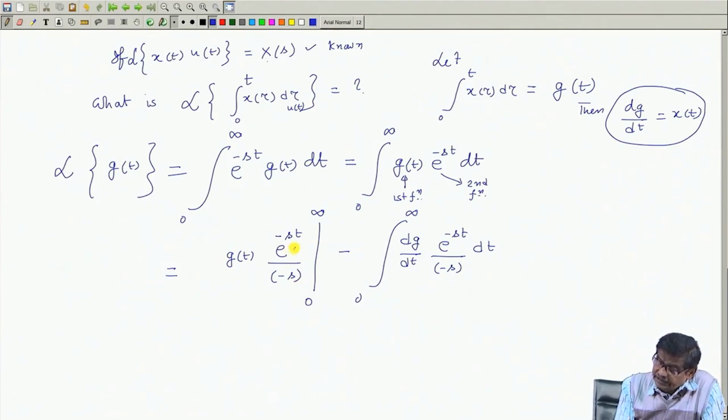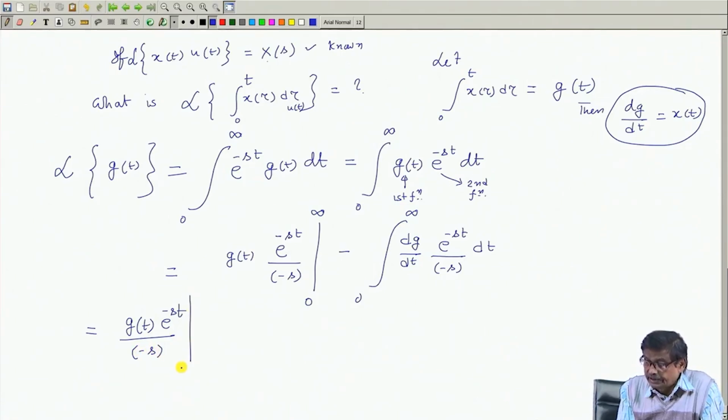Now this is once again g(t) into e to the power minus st by minus s. This I have to evaluate at t equal to infinity, and the result I know will be 0. Why? g(t) is a reasonably good function, nothing like that.